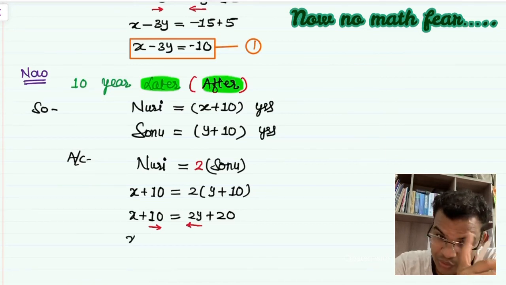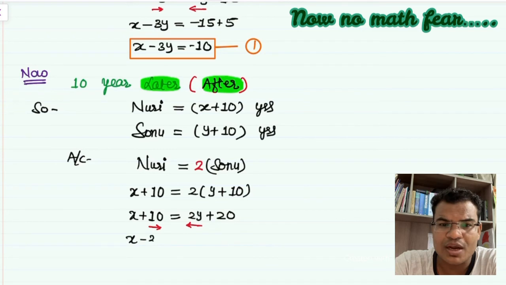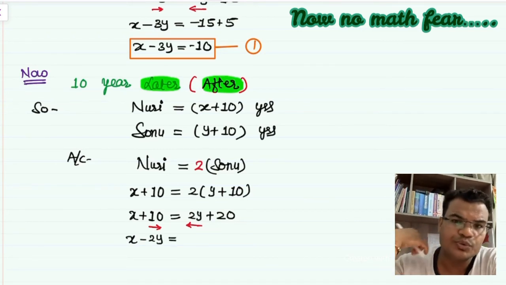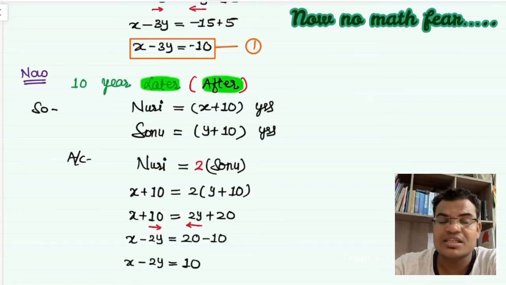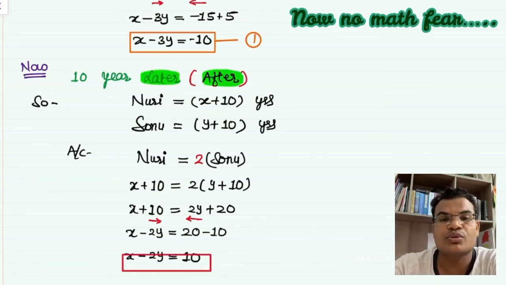So x minus 2y is equal to 20 minus 10. The 10 goes to the right hand side, so it becomes 20 minus 10, which is 10. So x minus 2y equals 10. This will be your equation number 2.